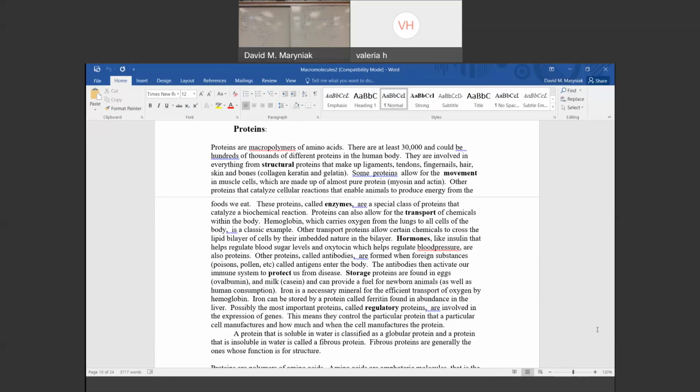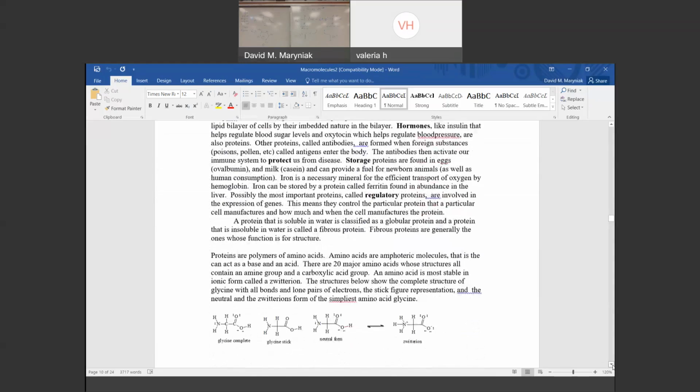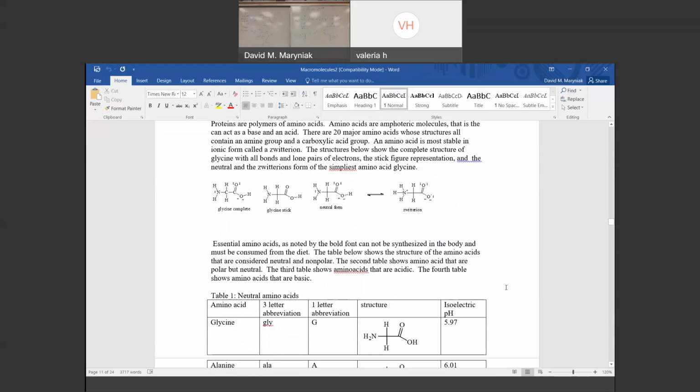And are we interested in the structural components of proteins? We are. So proteins are polymers of what?